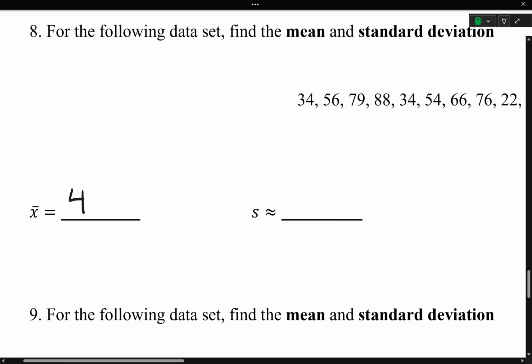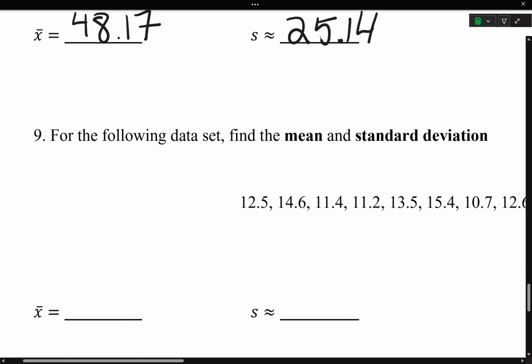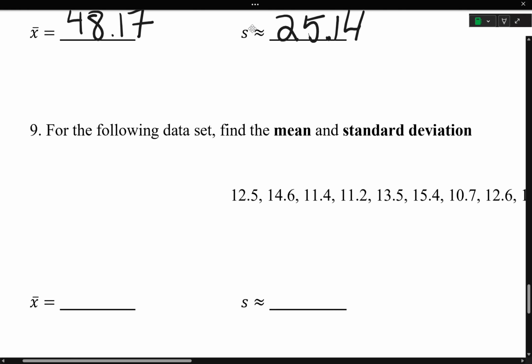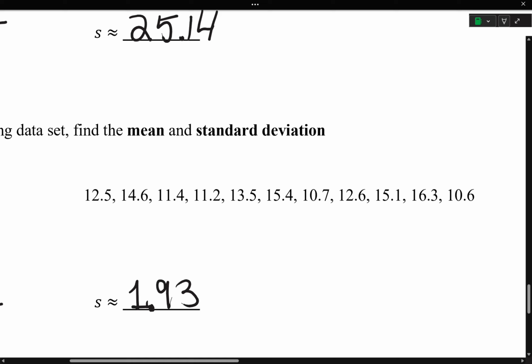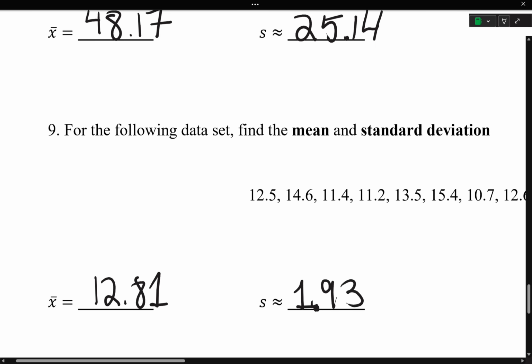The mean is 48.17 and the standard deviation is 25.14. Finally, in number 9, my mean is 12.81 and my standard deviation is 1.93. Be very careful typing this one. You do need to include both decimals and commas. Don't mix them up. It's really easy to do so.